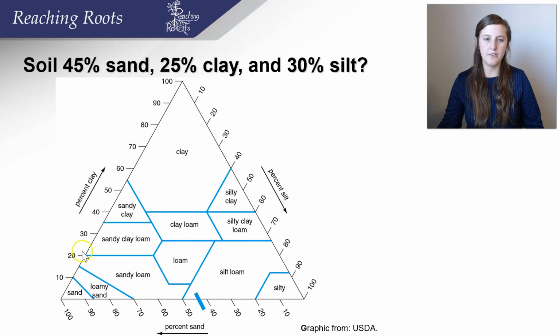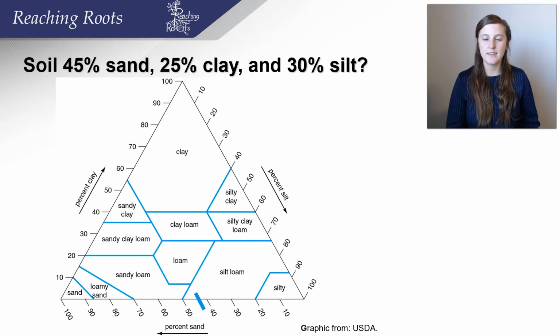How much clay? 25. So we see this 25. And how much silt? 30. So if we go down and draw a line, we know that this sand is here, and the clay is 25, being right here. You find this middle point where all of them come together.